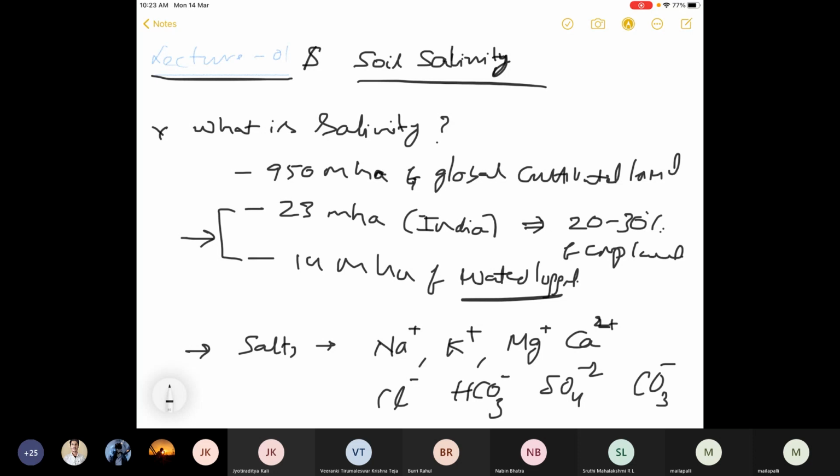It's not only cations and anions, it's the combination of these two that constitutes the salts.